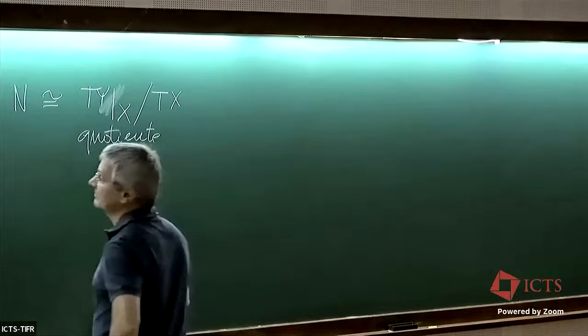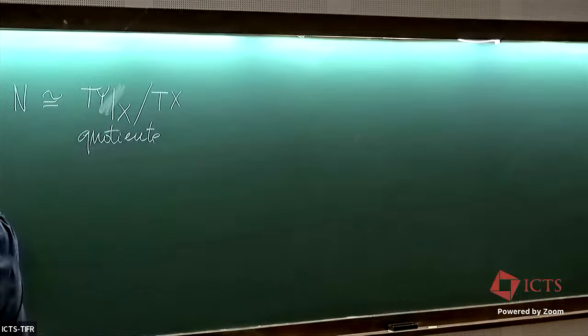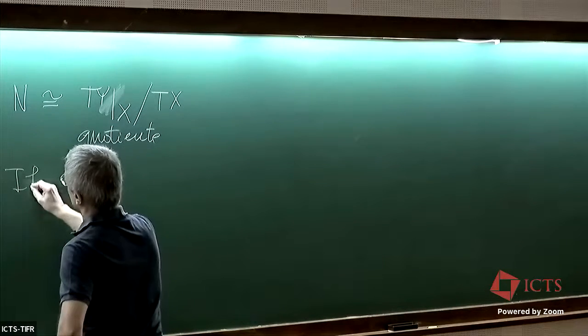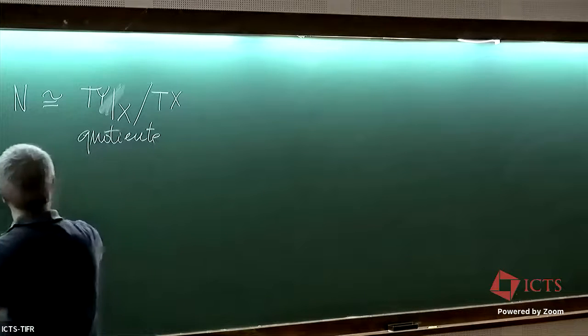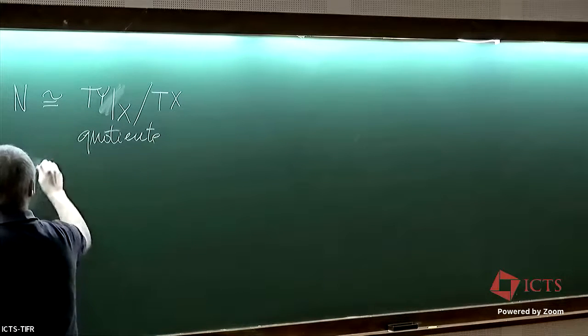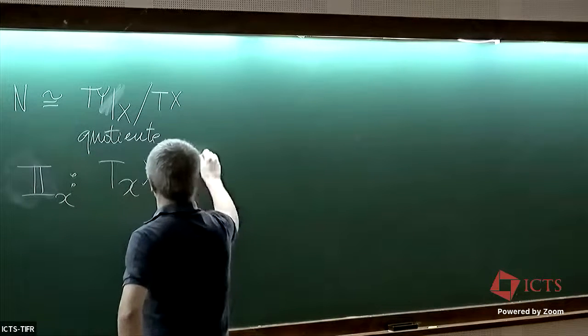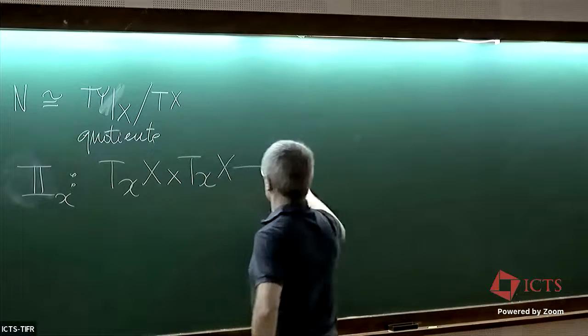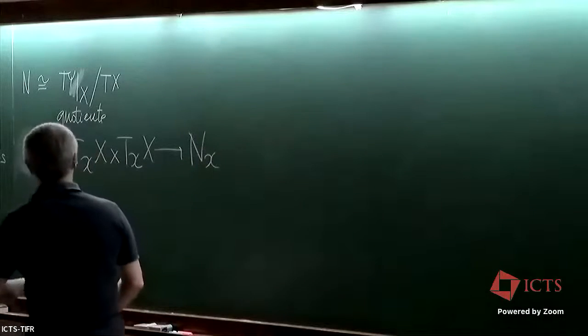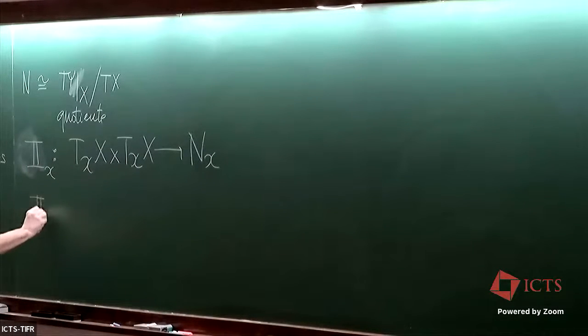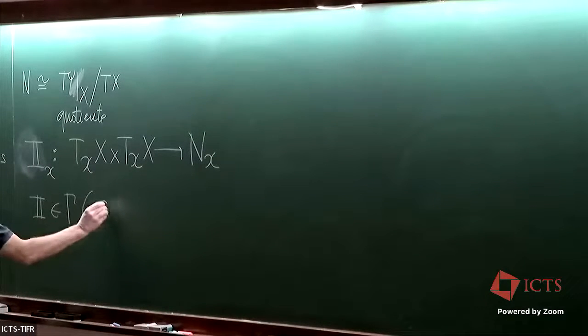Okay, so next, since this is a Riemannian manifold, it has a Levi-Civita connection. And first of all, the second fundamental form turns out to be a map like this. So you want an element, a section of this bundle.